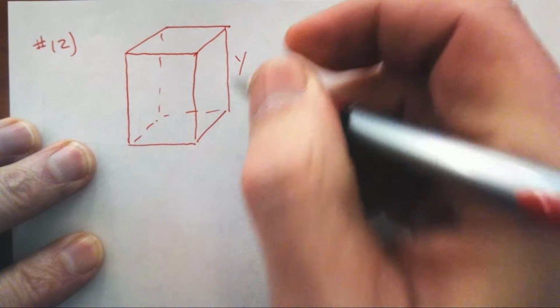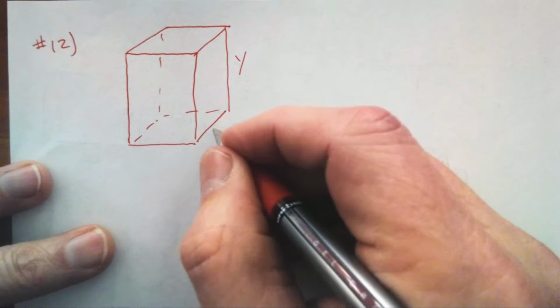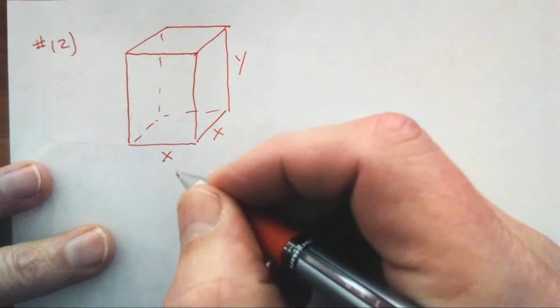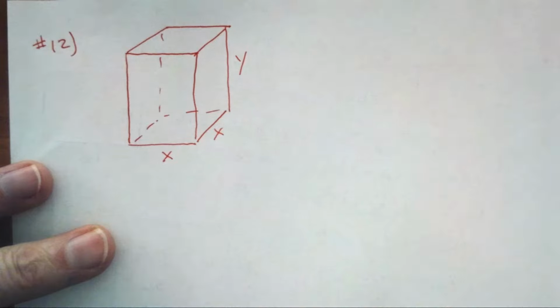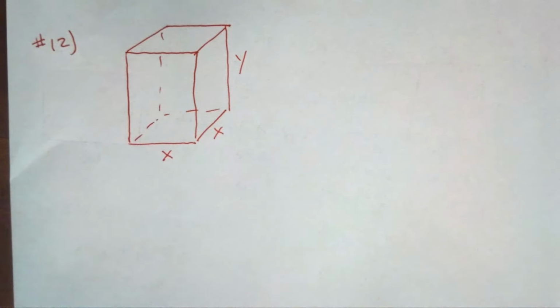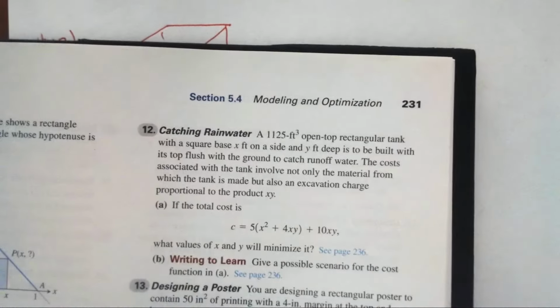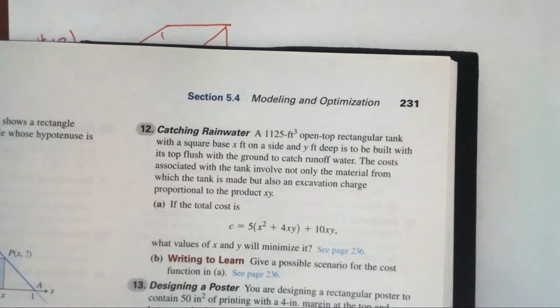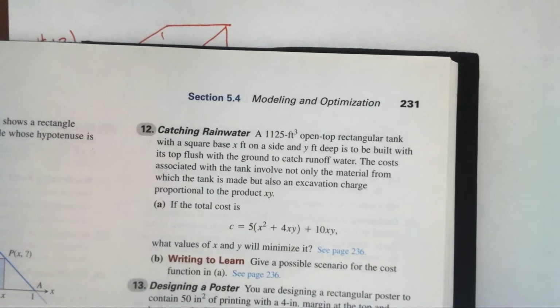So y feet deep and x on each side. The tank is built with its top flush to the ground, so we're digging this thing into the ground to catch runoff water.